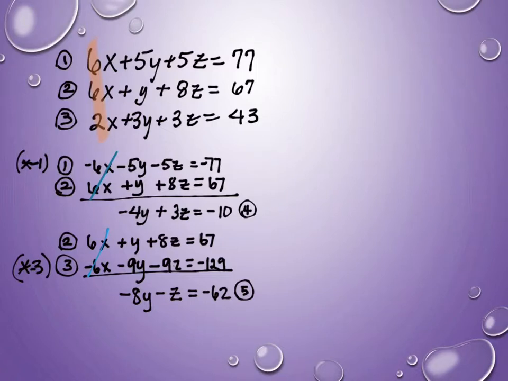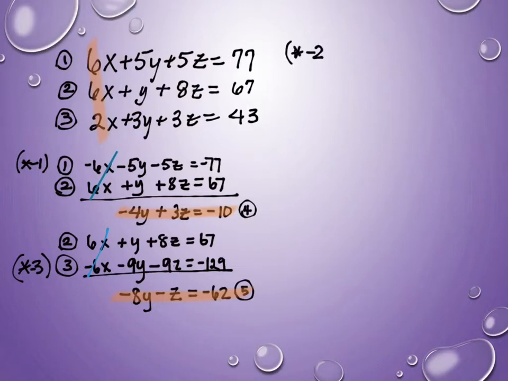Awesome. Equations 4 and 5, and I need to eliminate something. Do you want to eliminate y or z? Actually, there's justification for either one, so we just need to pick one. Which one would you like to eliminate, y or z? Y? Okay, what do we have to do to eliminate y? Just 2? Okay, negative 2.